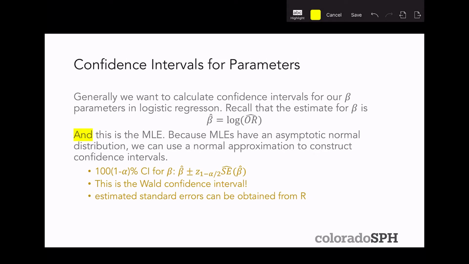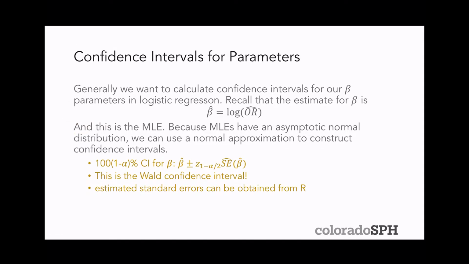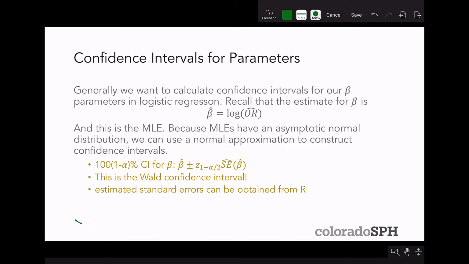Because MLEs have an asymptotically normal distribution, we can use a normal approximation to construct confidence intervals with a formula that looks like this, which is the same as you've seen before for linear regression, where the confidence interval is constructed by beta hat plus or minus 1.96, if you have alpha equals 0.05, times the standard error of that estimate. And this is the Wald confidence interval.